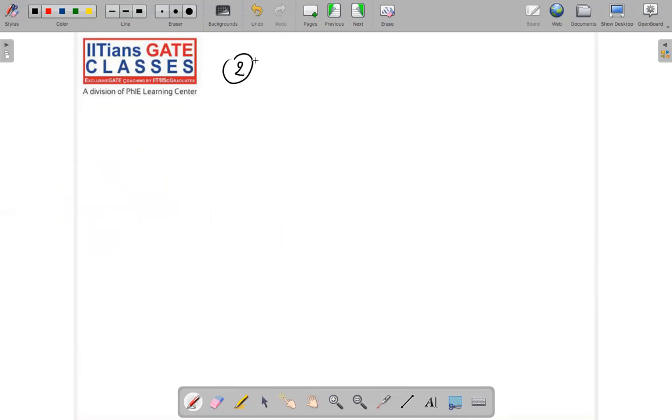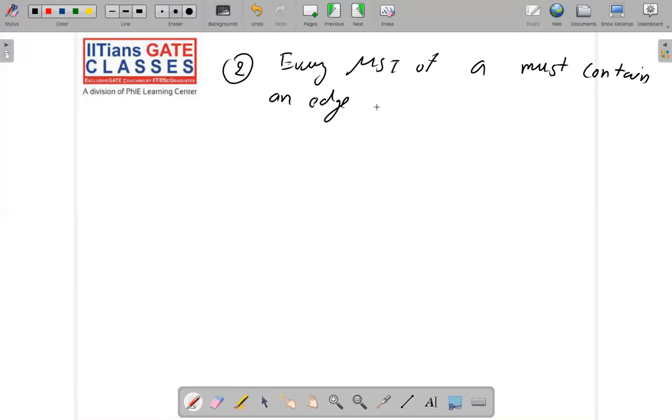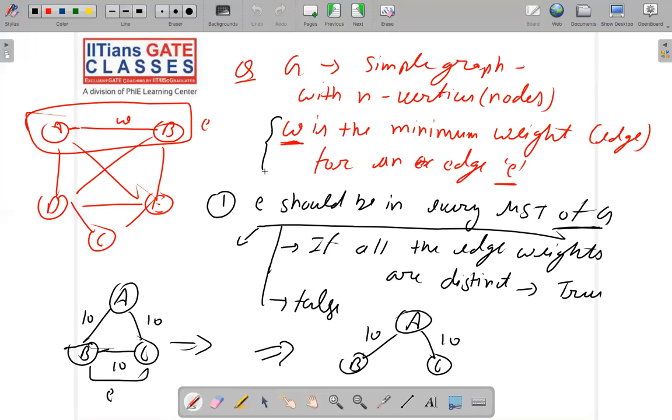And the second statement says that every MST of G must contain an edge with weight W. So it's saying that the edge need not be the edge E. Previously, we said there is an edge E with weight W, and we labeled that edge as E with weight W. Will that be part of the minimum spanning tree?